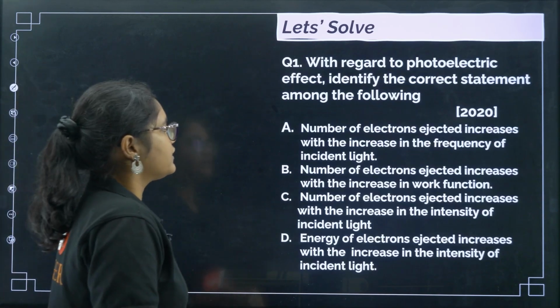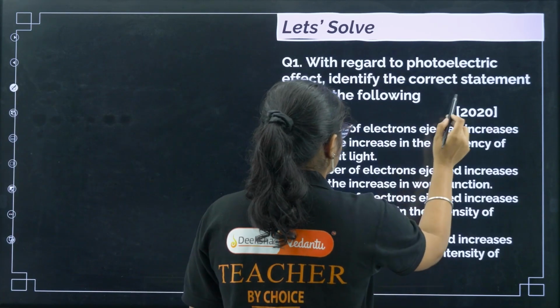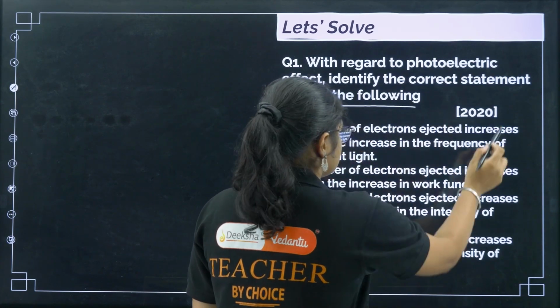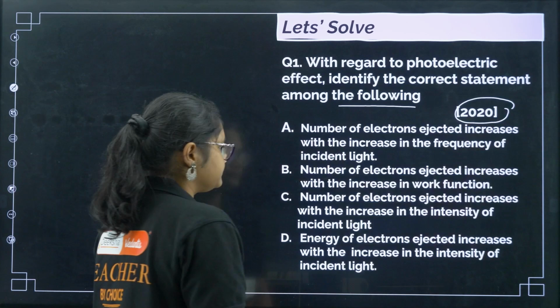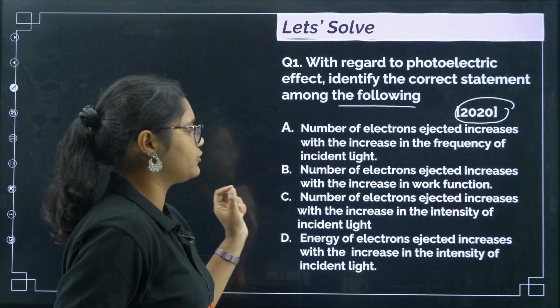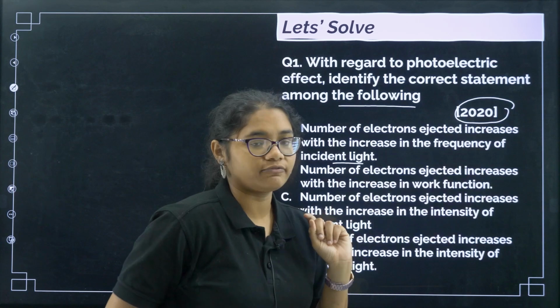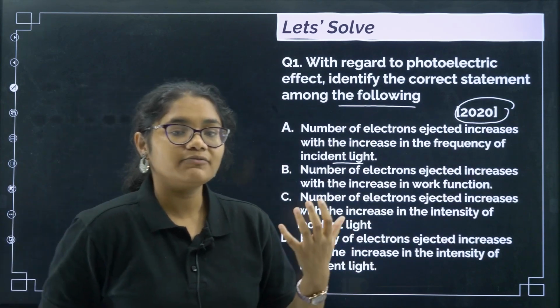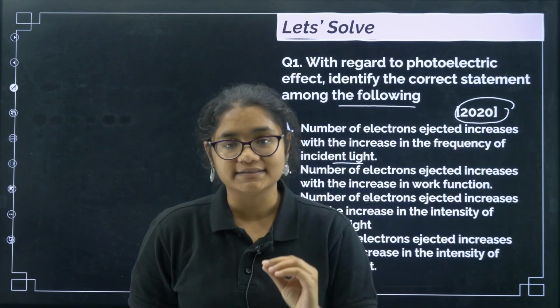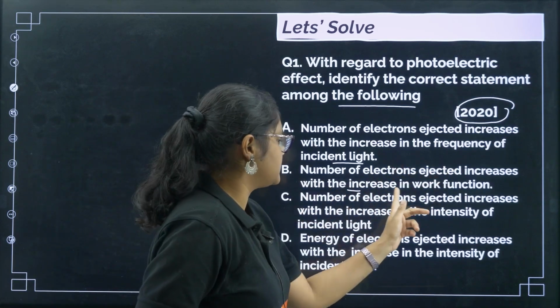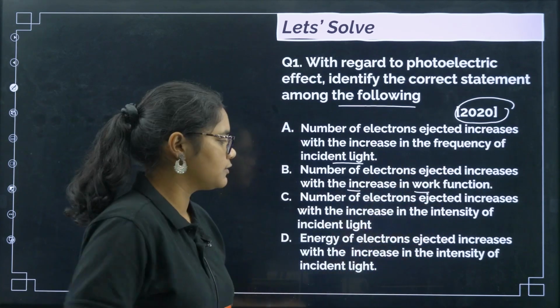Next, with regard to the photoelectric effect, identify the correct statement among the following. This was asked in 2020. The number of electrons ejected increases with the increase in the frequency of incident light. No, the number of electrons depends on the intensity of the light. The number of electrons ejected increases with the increase in work function. Now what is this work function?